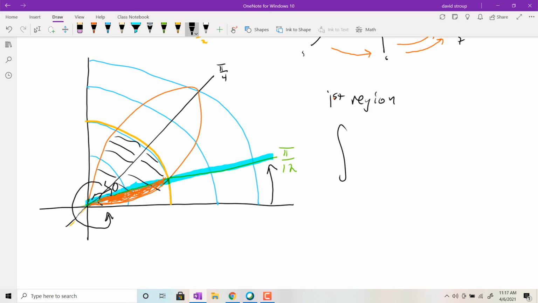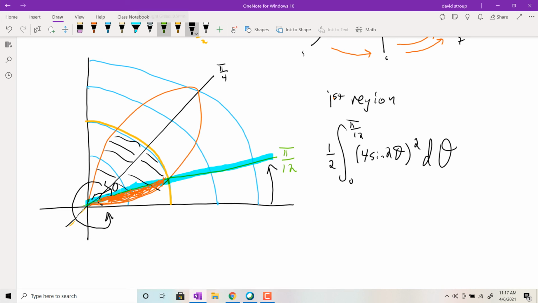I'm integrating from 0 to pi over 12, and of course it's 1/2 times this, and the formula for the rose petal is 4 sine 2 theta. And I need to square that, d theta. And then there's a second region, and then I'm going to use symmetry to get the rest.